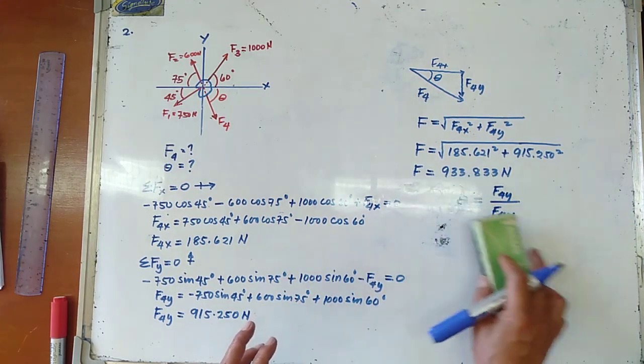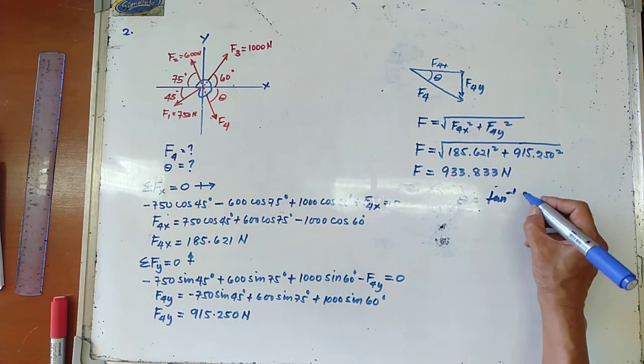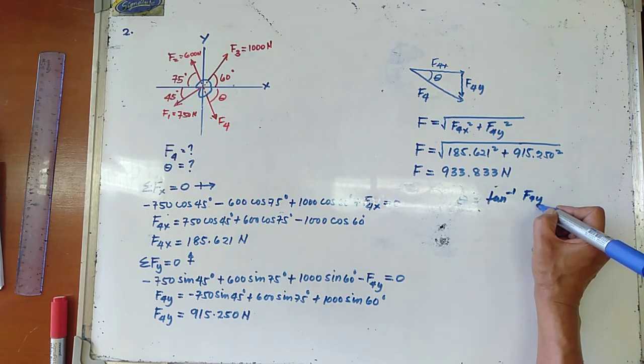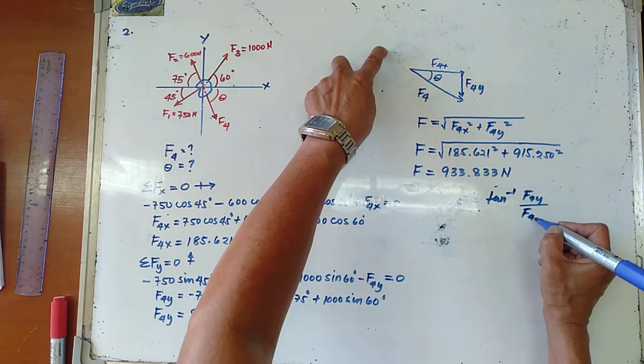Theta is therefore equal to the arc tangent of F4y all over F4x.